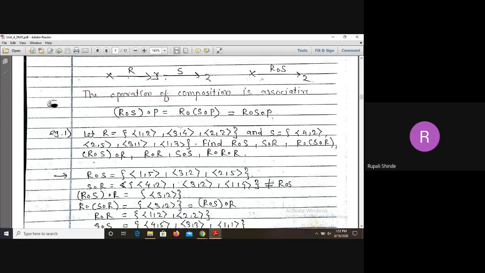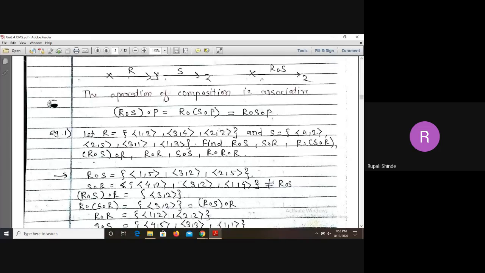So now move to the next ordered pair, and that ordered pair is 3, 4. Now we have to find such an ordered pair in S composition R whose first element is 4, and that ordered pair is 4, 2. So again this 4, 4 will get cancelled. You will get ordered pair 3, 2. Okay, so that is written here, 3, 2.